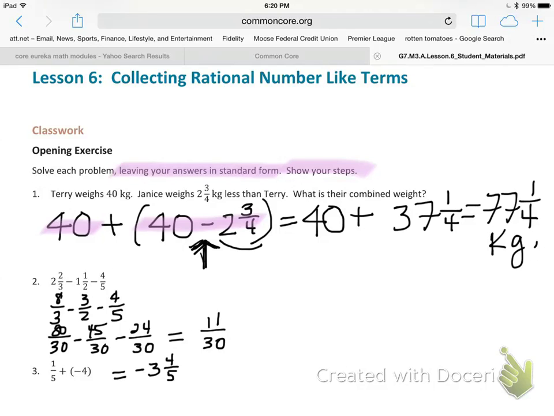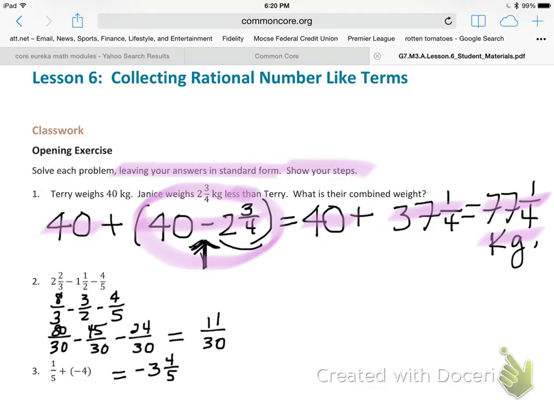It's more or less not so much algebra, but just using the parentheses. So that would move over there. Then you have your 40 remains. That's your 40. This 37 1/4 is the actual answer to the parenthetical part. And then just add those two together, and you get 77 1/4 kilograms.